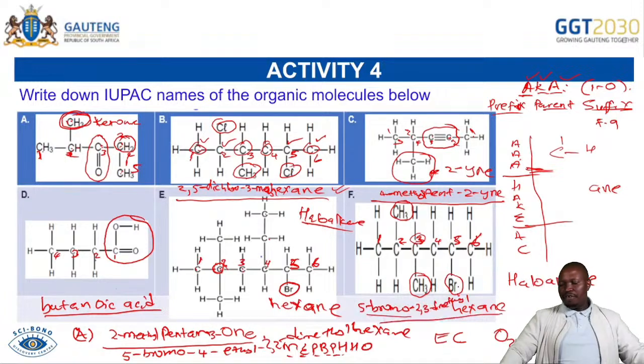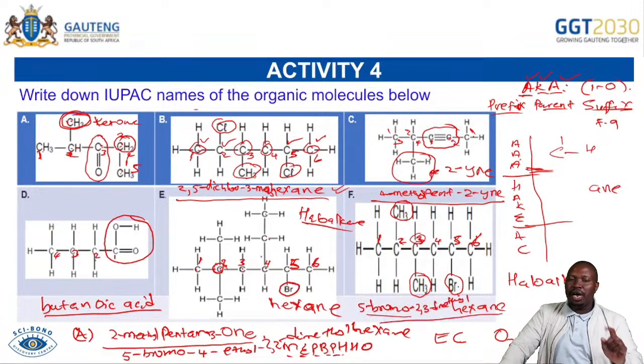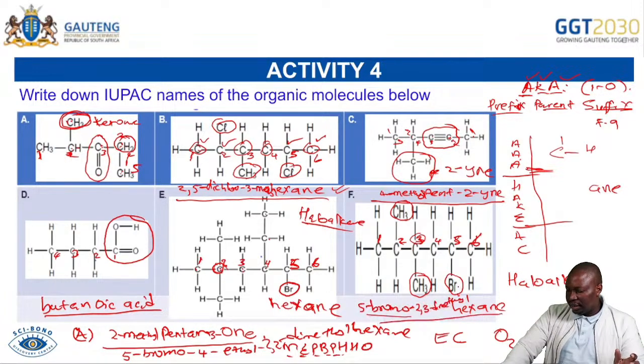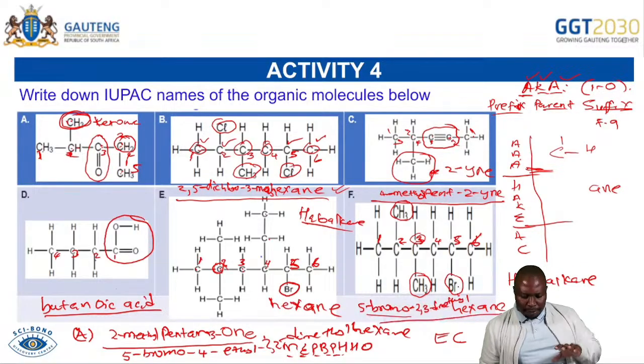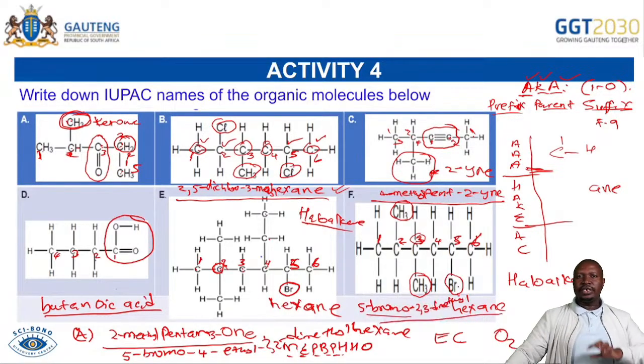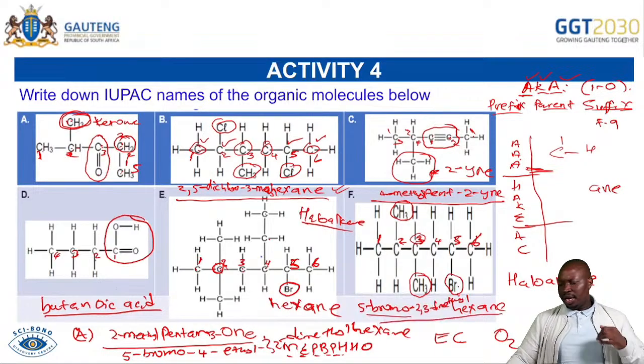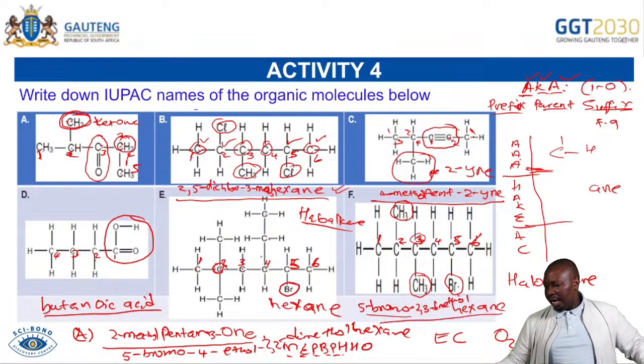I think we have practiced, and I think you have taken a picture of these organic molecules, and then in your own time you will close the page where you were writing your notes and name them again, until I think you have understood.